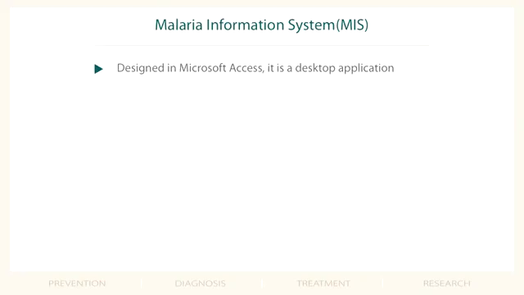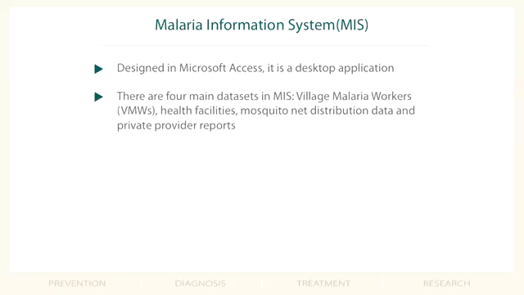As I mentioned previously, there are 4 main datasets in the MIS. Actually in that system we store a lot of data, but the main things that we update every month are only 4.